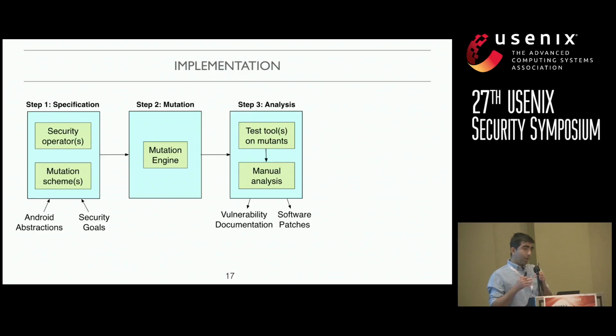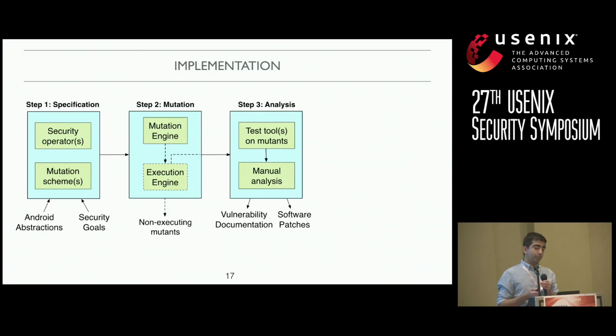While this pipeline itself was effective, we found early on that a number of unkilled mutants were false positives. That is, they did not execute. So we introduced an execution engine to filter out these non-executing mutants.